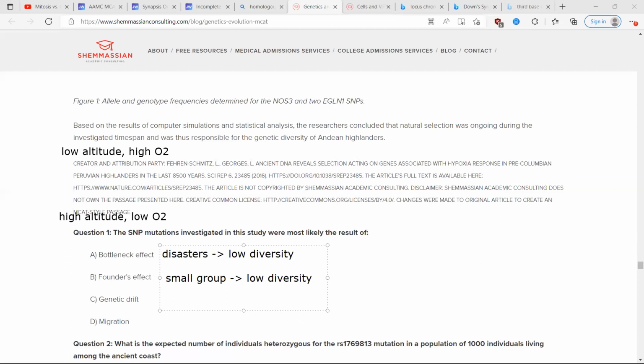Random changes that a population can go through when they are not being directed by selective pressures, right? So random, leading to not necessarily low diversity, I guess. I guess low diversity isn't really correct here. It's just random changes leading to different things. Migration can definitely lead to low diversity, similar to the founder effect.